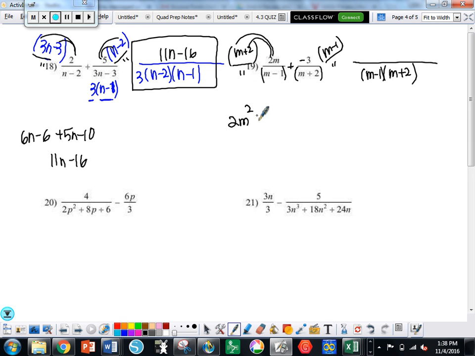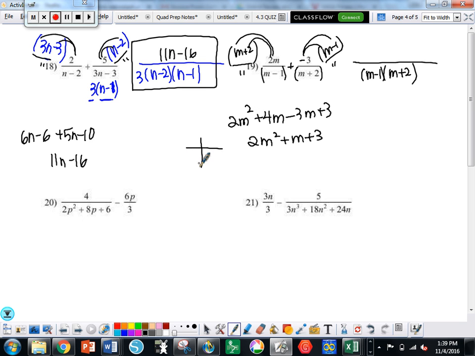2m squared plus 4m minus 3m plus 3. Now, 2m squared plus m plus 3. So let's try this.